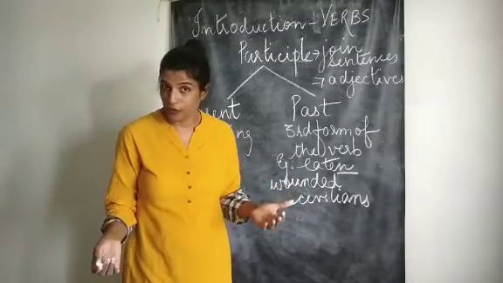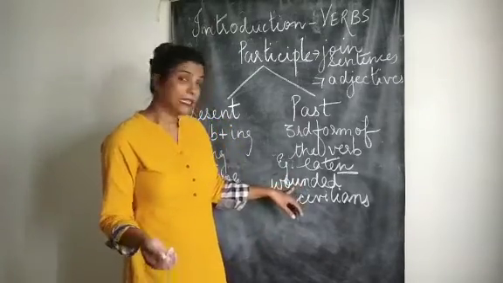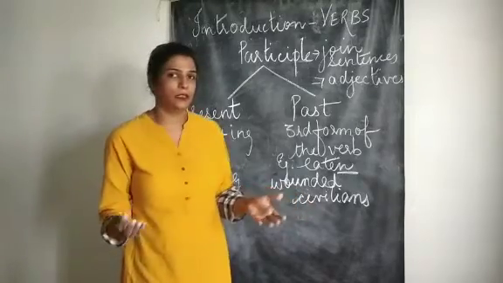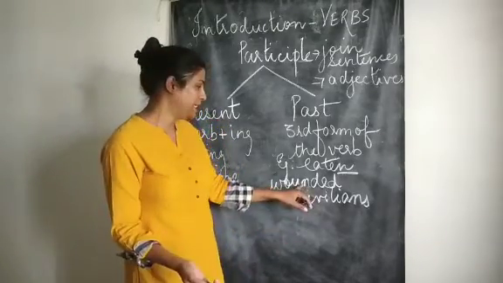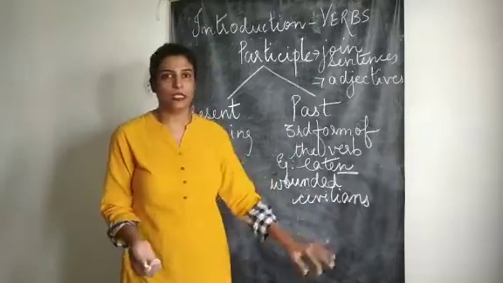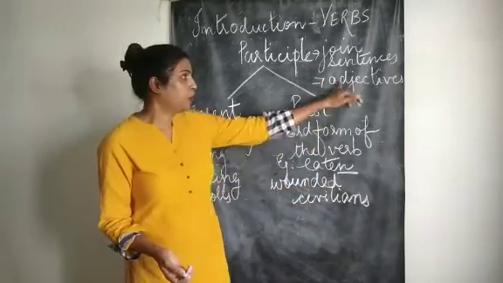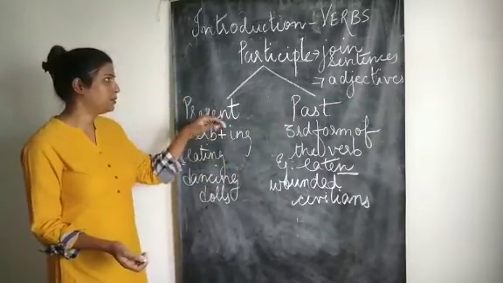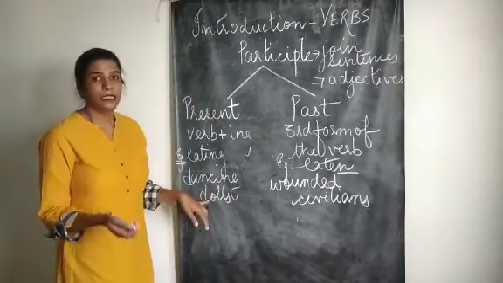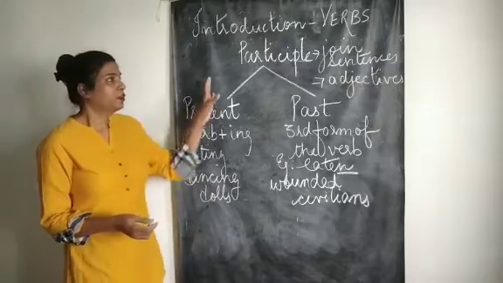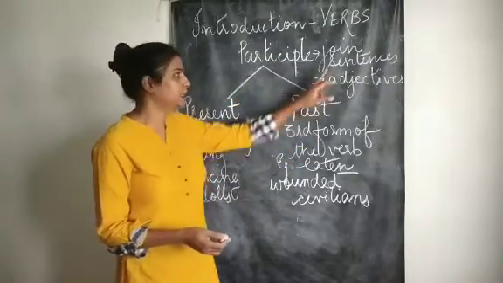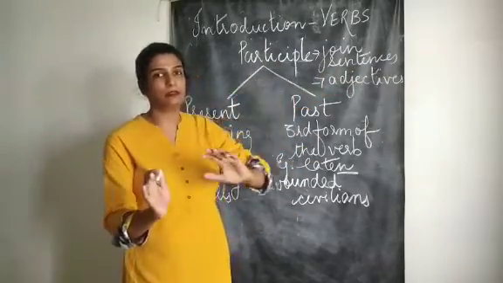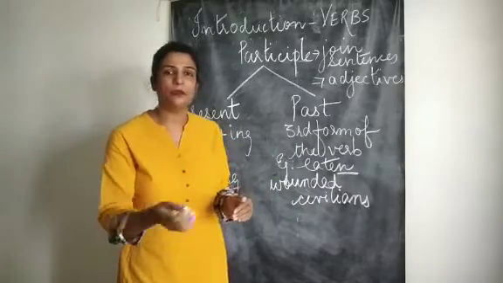Is the action happening over there? No. But the word wounded describes the condition of the civilians. So that's an adjective for the civilians. That's an example of how the past participle acts as an adjective, and the earlier one was an example of how the present participle acts as an adjective. Put together, these will help you in joining sentences. Keep that in mind. Joining of sentences will be done in the workbook.